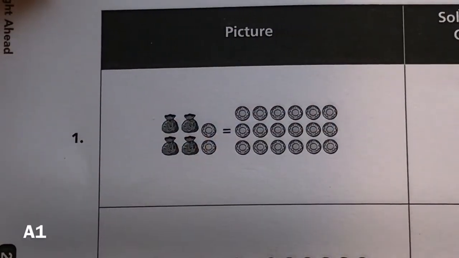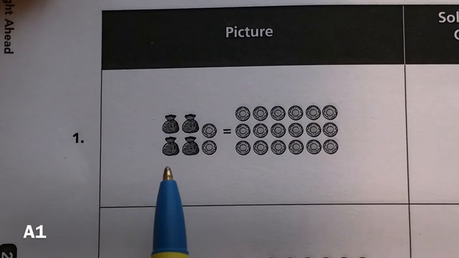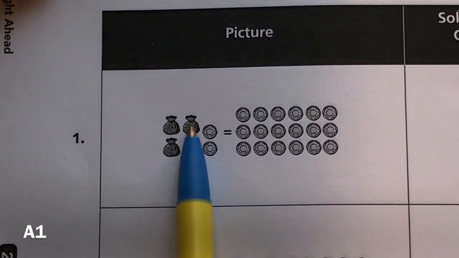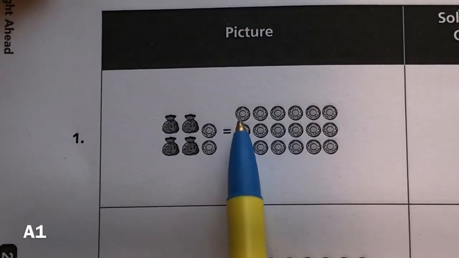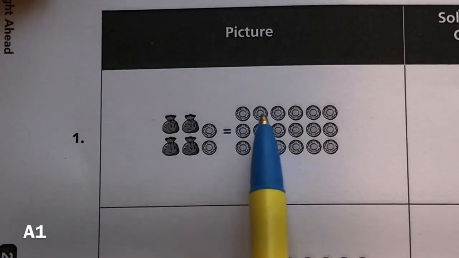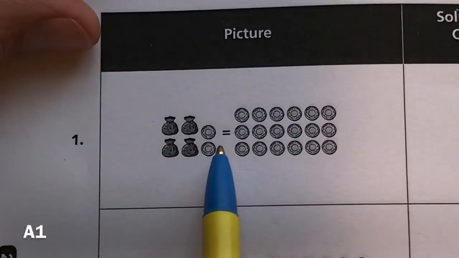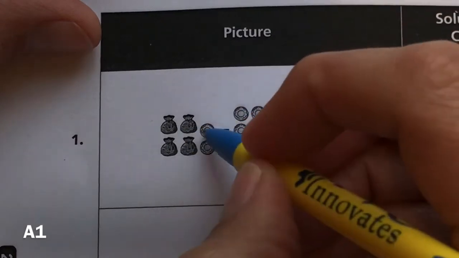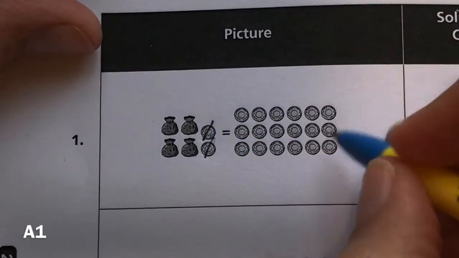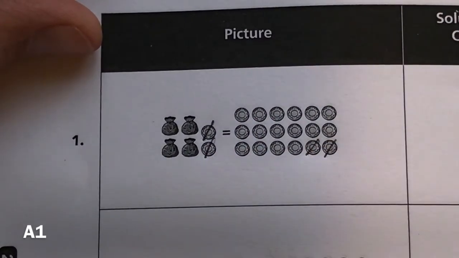All right, here we are. Question number 1. So we've got 4 pouches, 2 coins, and we've got 1, 2, 3, and then 1, 2, 3, 4, 5, 6. So this is going to be 18 coins over here. In this case, what we did is we crossed out 2 here and 2 here.